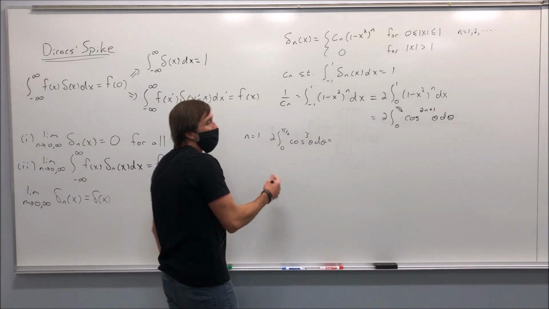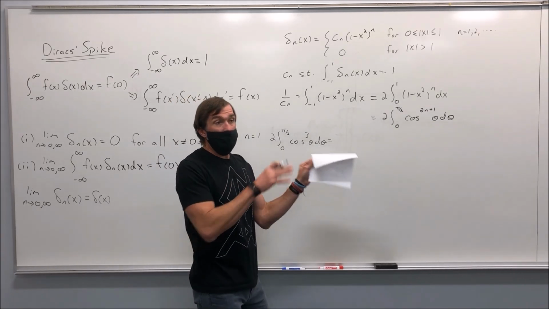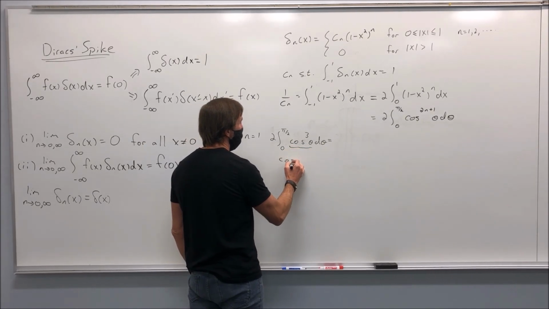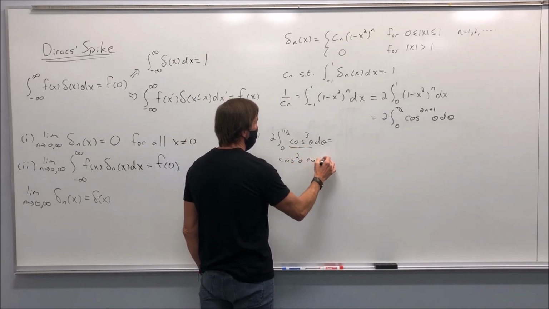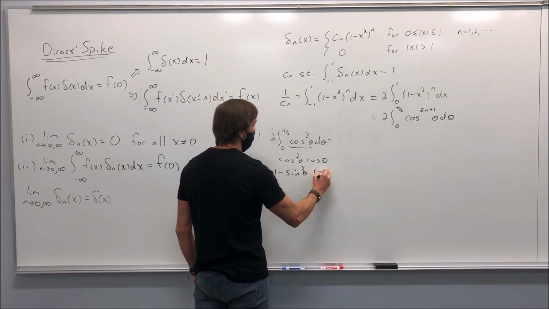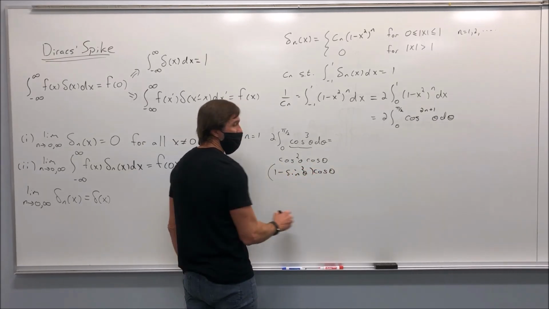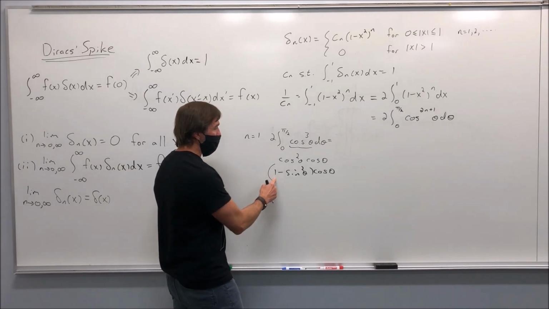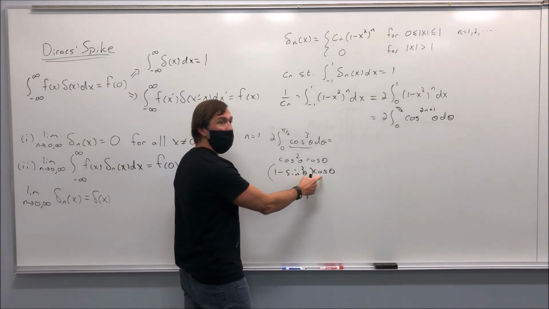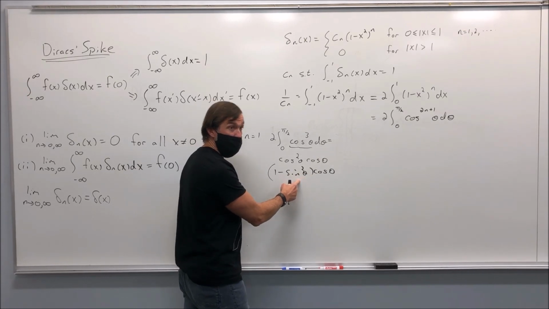Okay, I'm not going to write down all the steps, they are in the notes, but I just want to give you an idea of what you do. You take this and you break it up into cosine squared theta times cosine theta. You replace cosine squared theta with 1 minus sine squared theta. And now you should be able to integrate it, because this is the integral of cosine theta, and this is the integral of sine squared theta cosine theta, which is going to be sine cubed theta over 3.